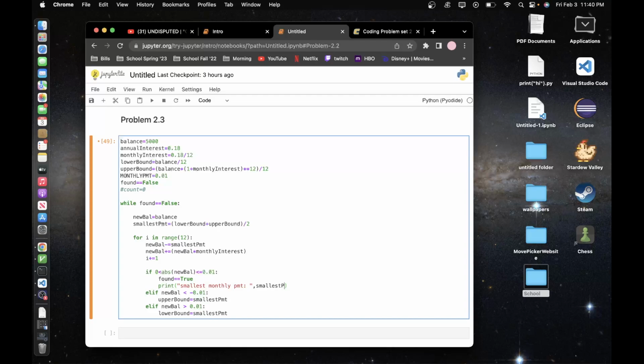Smallest payment. Huh. Yeah, I don't know.